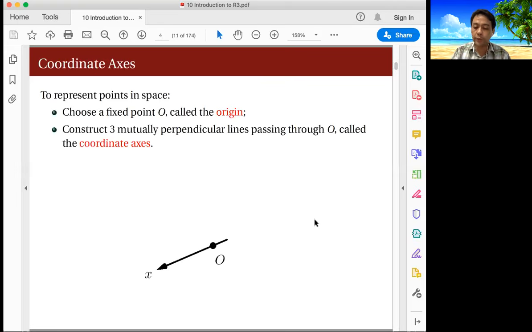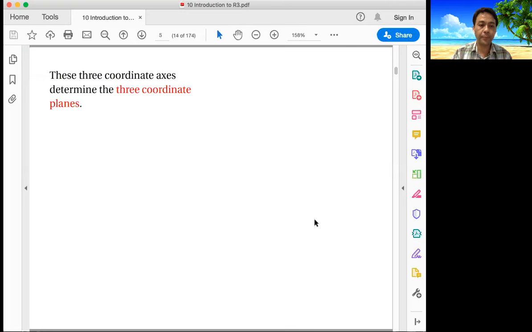Then we draw the second line perpendicular to the x-axis. We call that the y-axis. And then we draw a third line perpendicular to both the x and y axes, and we call that the z-axis. These three axes form the coordinate axes.